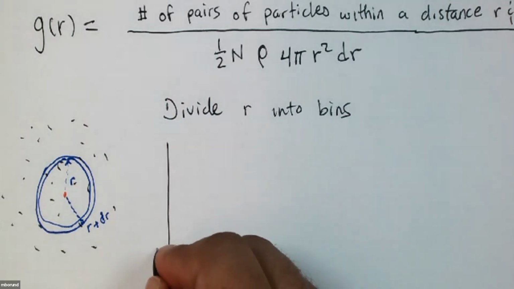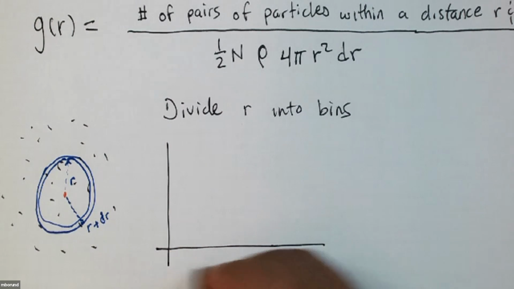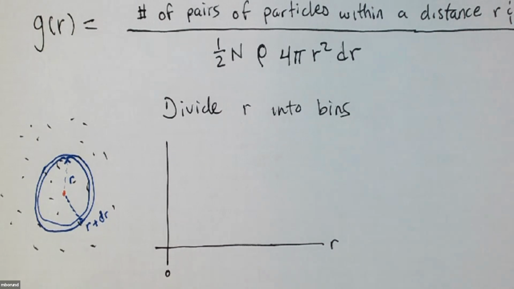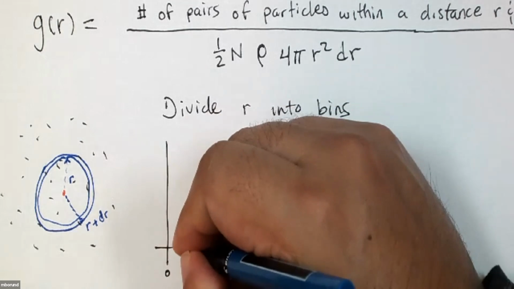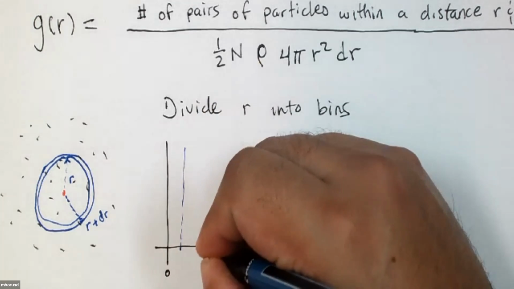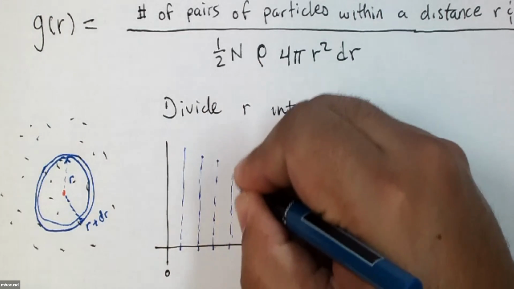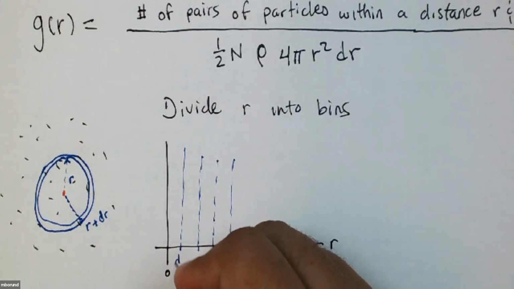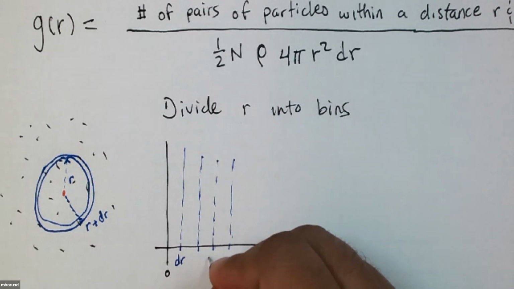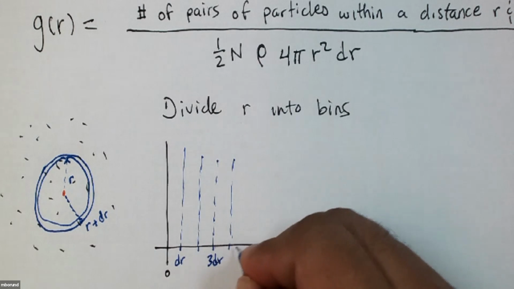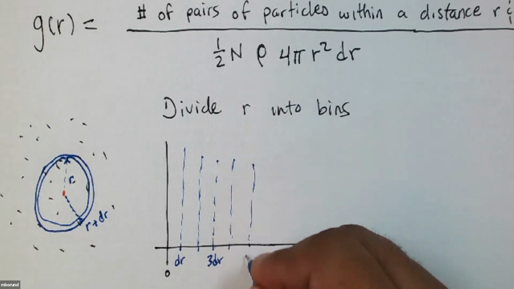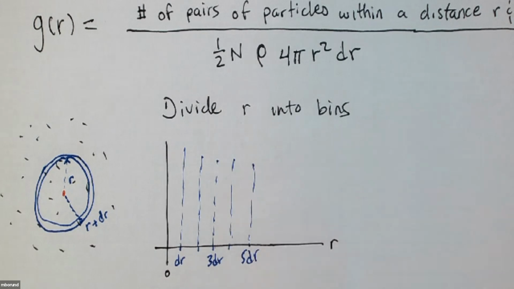This location is 0, and then you're going to put bins right here, like that. So this would be dr, 2 drs, 3 drs, 4 drs, 5 drs, and so forth.